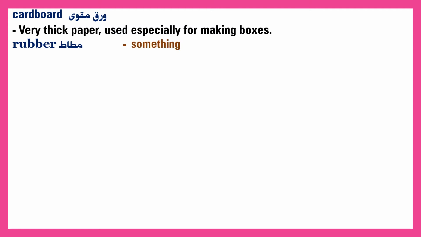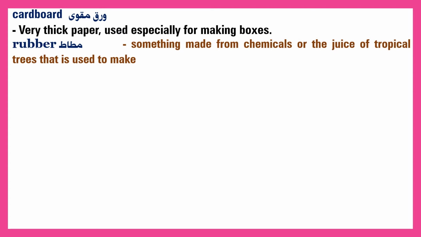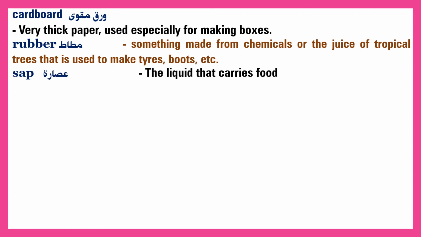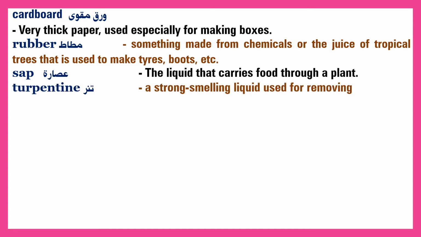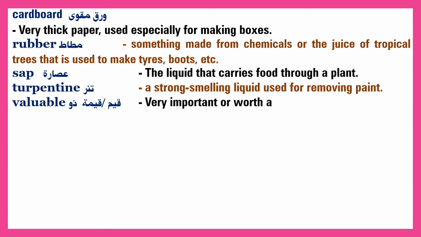Cardboard: very thick paper, used especially for making boxes. Rubber: something made from chemicals or the juice of tropical trees that is used to make tires, boots, etc. Sap: the liquid that carries food through a plant. Turpentine: a strong-smelling liquid used for removing paint.